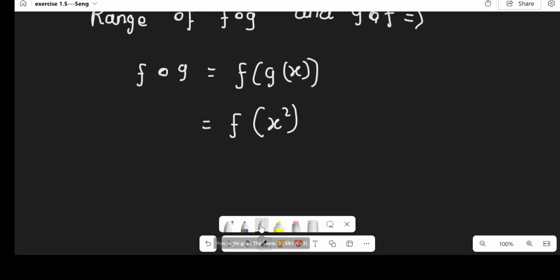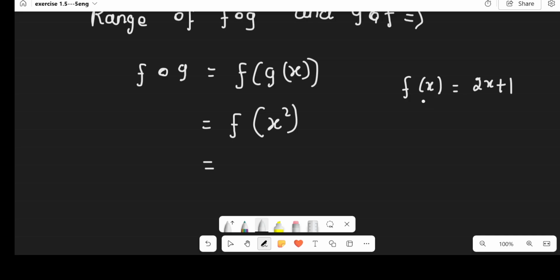Now, what would be the next step? Here, we have gotten this line, right? After this line, what would be the step? Here, f is given, so we should consider the f of x formula. According to the question, what is f of x? 2x plus 1, right? That is given in the question. In this formula, we should apply x square in place of x, right?